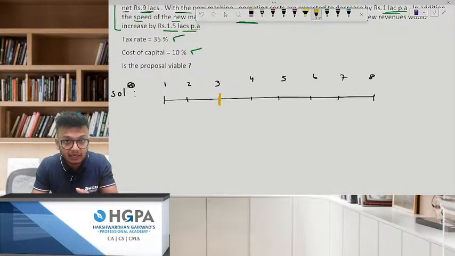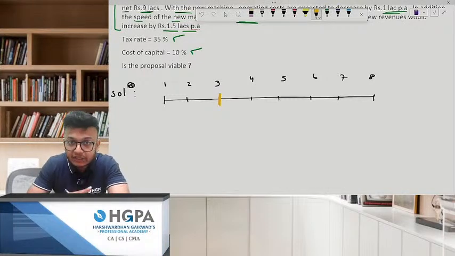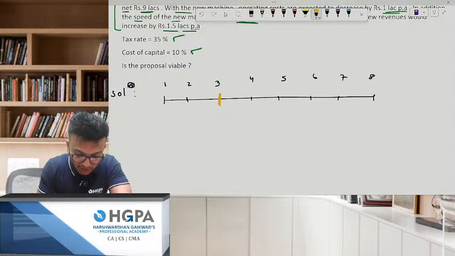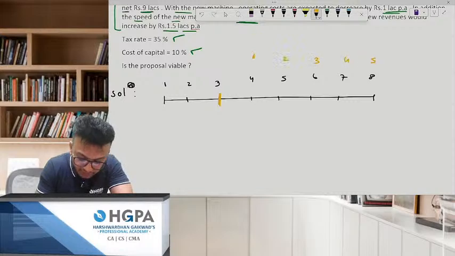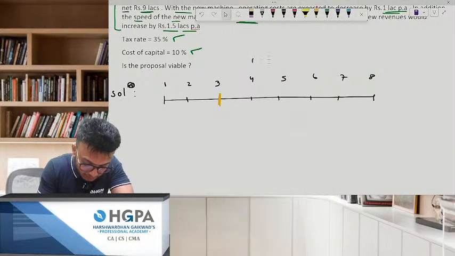Why have I written that? Because the old machine had 8 years of useful life. Pay attention now. But it has a remaining useful life of 5 years only. So this means that this will be my first year, second year, third year, fourth year, and fifth year. Okay, have you got this? 1, 2, 3, 4, 5.